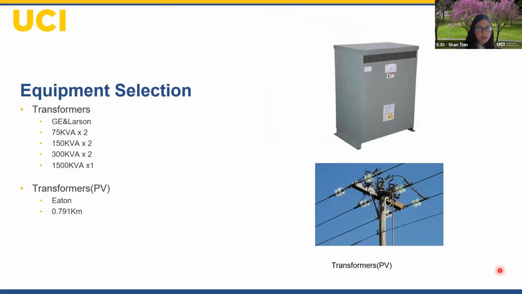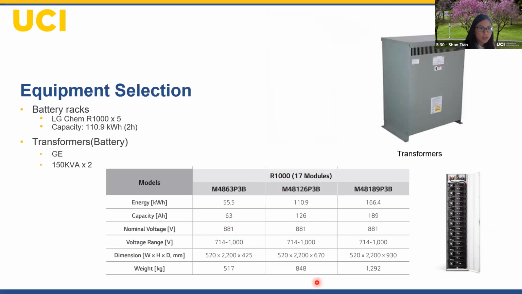The PV installation also requires several transformers and overhead services, as shown here. For the battery integration, a 2-hour lithium-ion battery rack from the LG Chem will be chosen for this project. 2 transformers will be needed to support the battery integration.